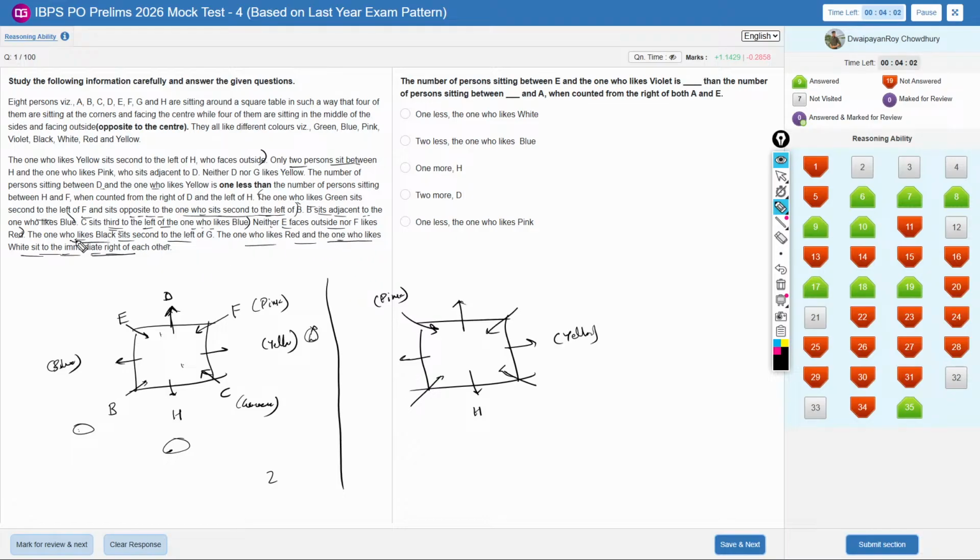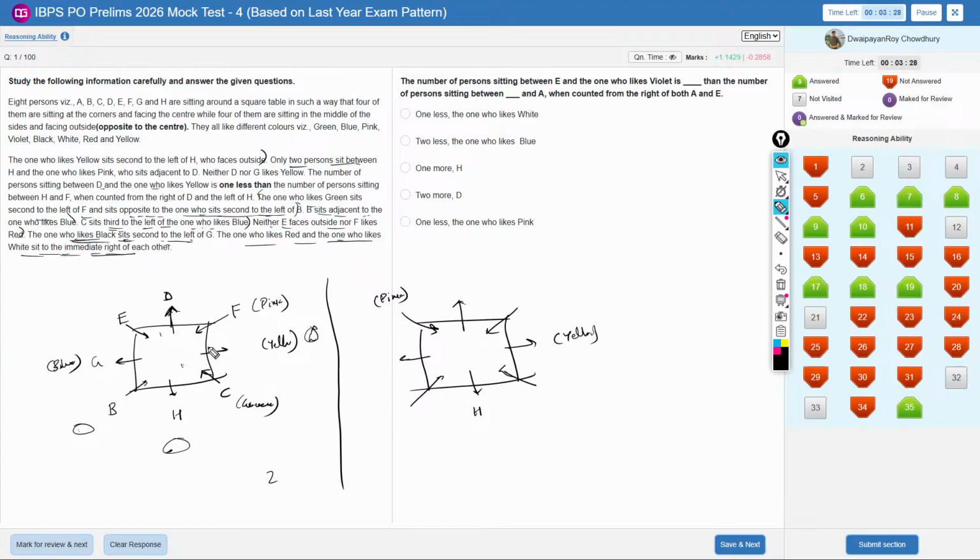The one who likes black sits second to the left of G. So G, black. Okay, G cannot be here. Then second to the right of G. What was it said? The one is second to the left of G. So if G is here, okay, so it's not happening, right?